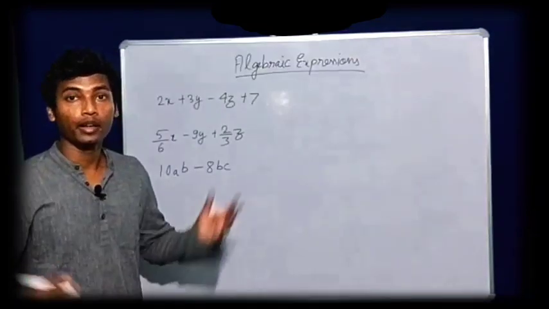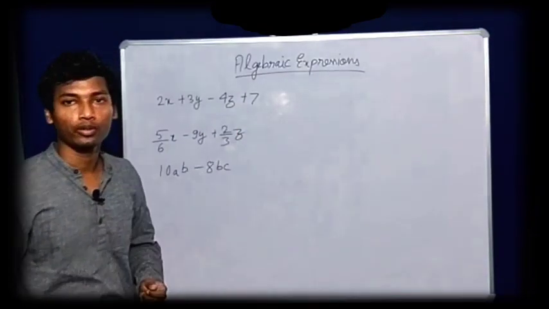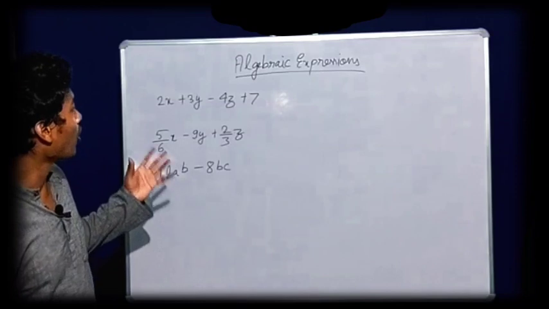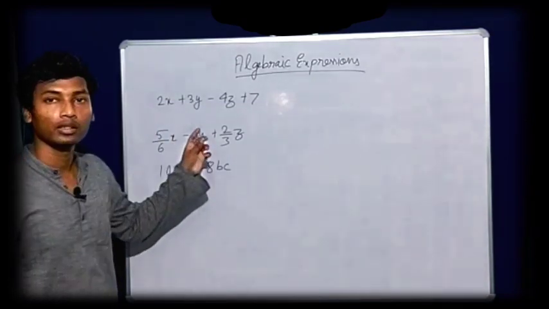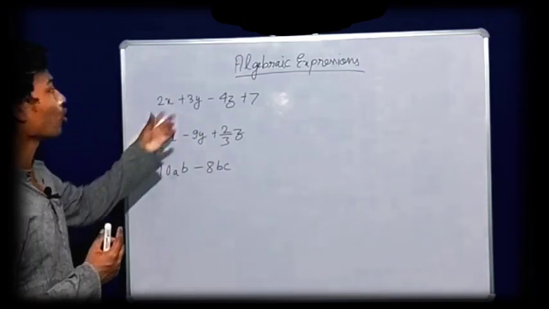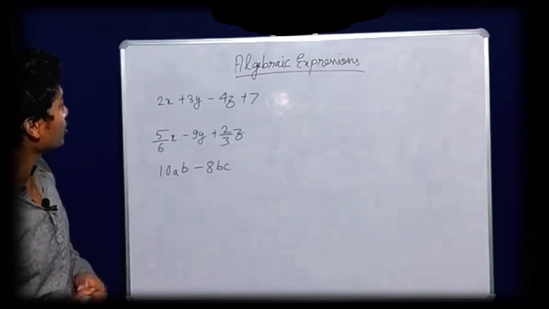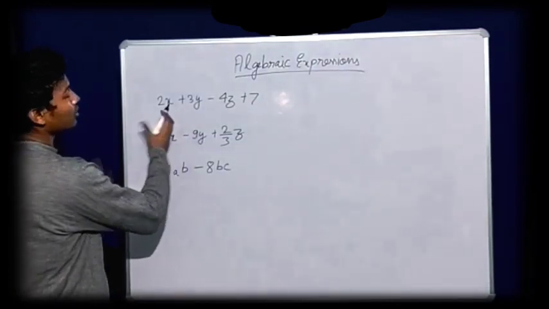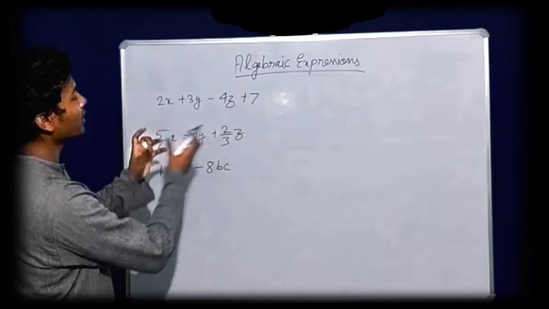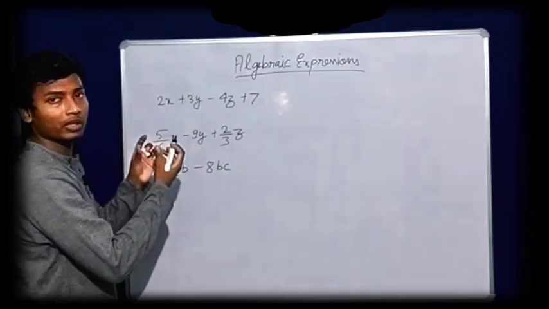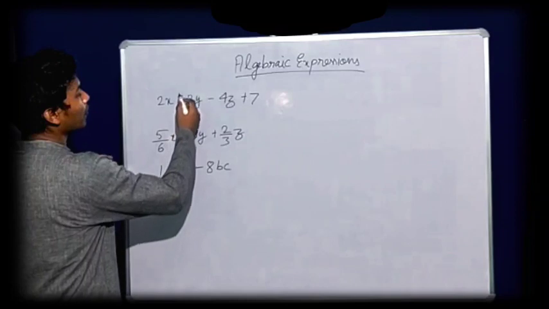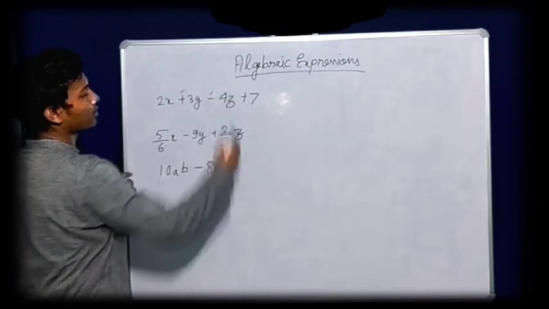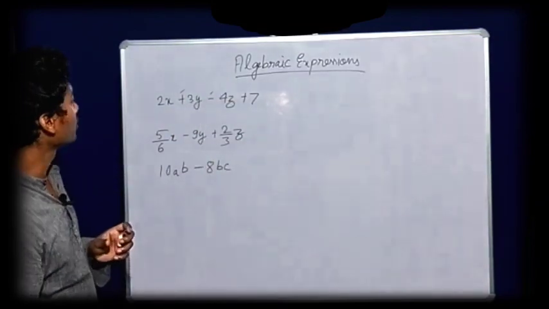Okay, now what are algebraic expressions? It is a collection of numbers and variables connected by 2 or more operations. So here you see that these terms are connected with each other, the numbers and the variables, with the help of the operations like addition, subtraction, right?